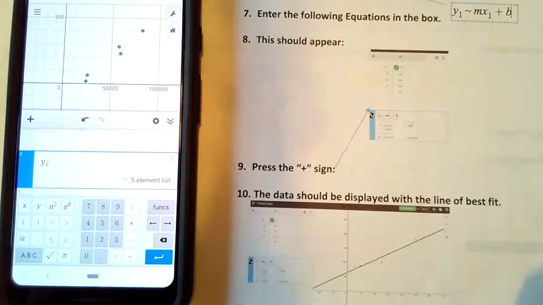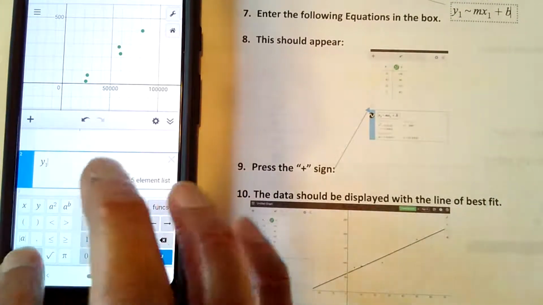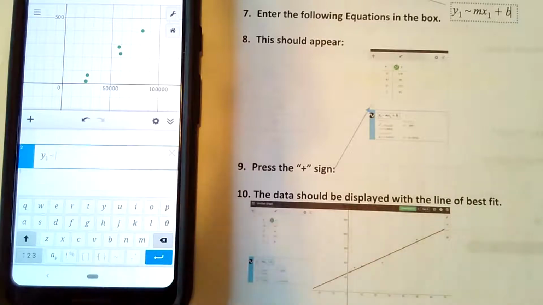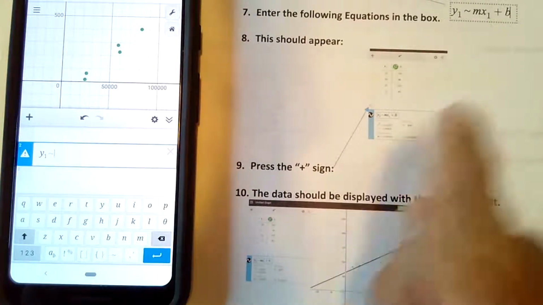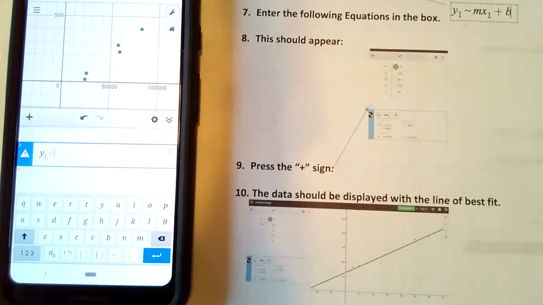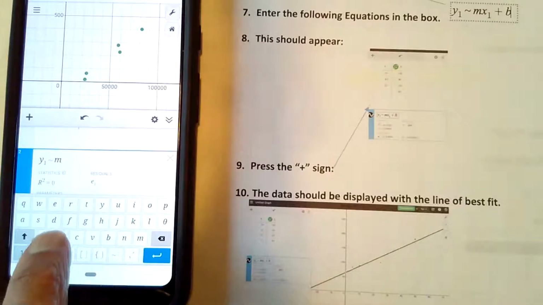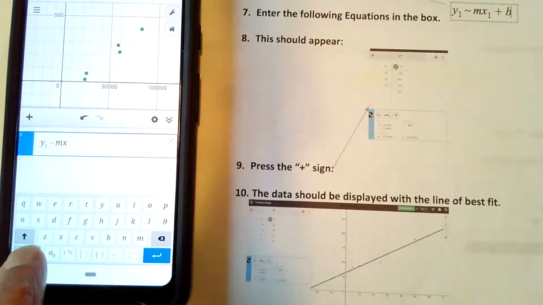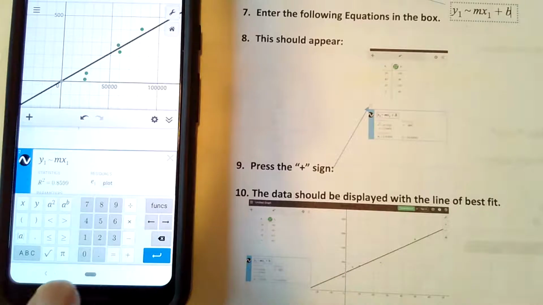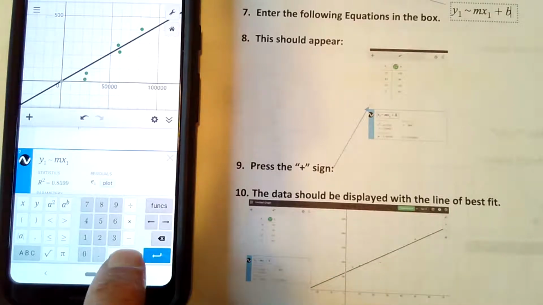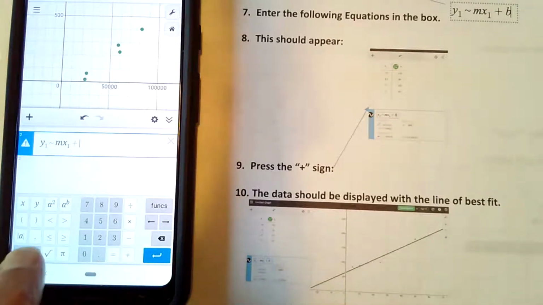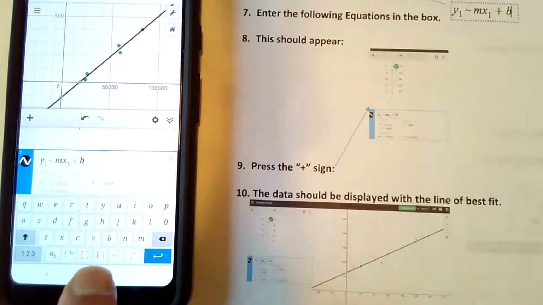Has to be part of it. Then we go to our tilde sign. We have mx1, so m, x back to 1. So on the best now plus, we need our b. And that is our line of best fit.